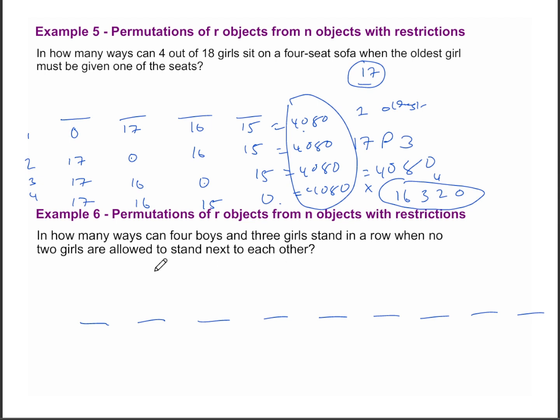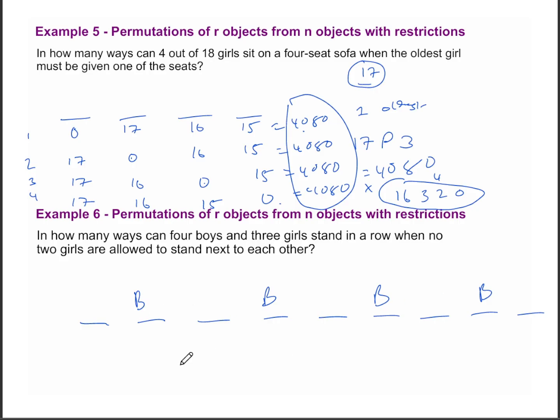And what we're going to do is put the boys in such a way where the girls will never be next to each other. So boy here, boy here, boy here, and boy here. 4 boys are done. And any girl will not be able to be next to each other. And so we have arranged it in such a way where the girls will be separated.